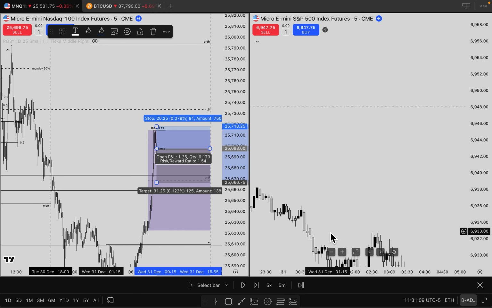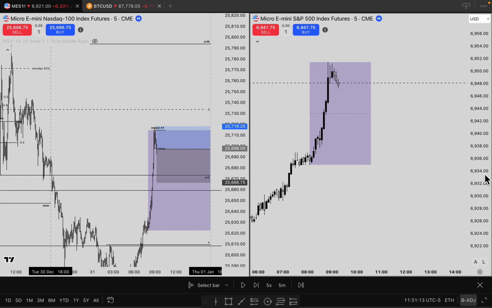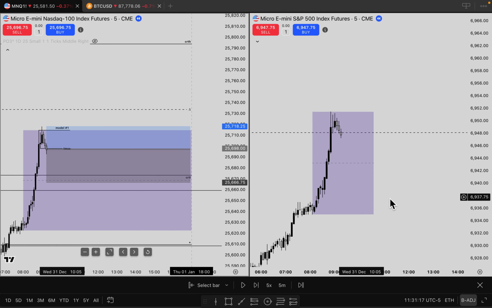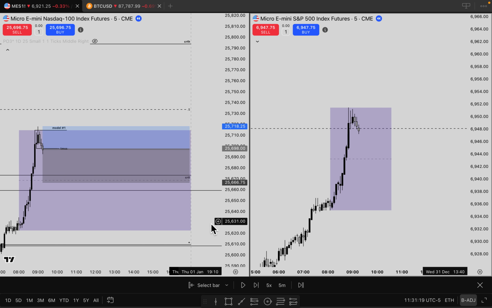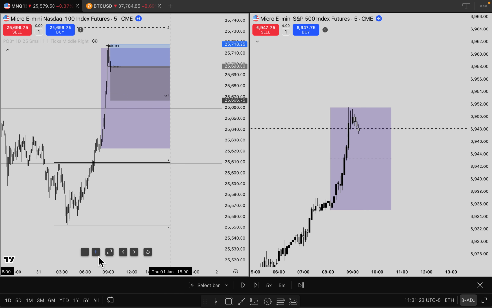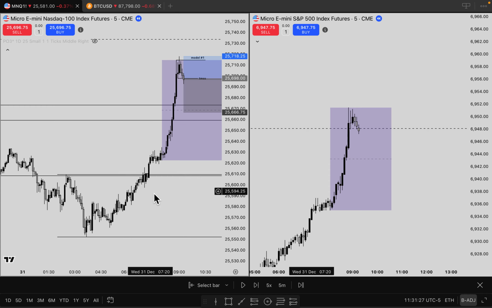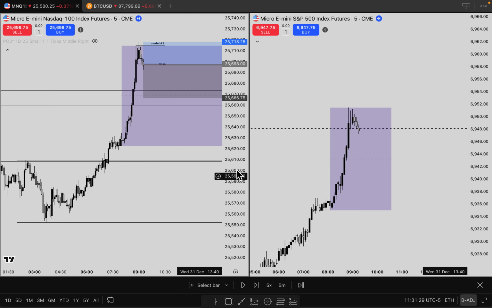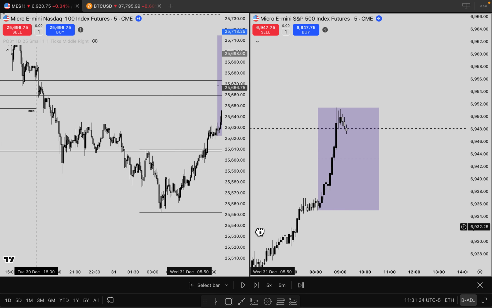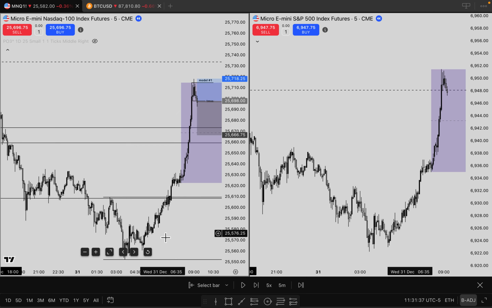So again, let's go over my confluences. Bearish SMT. ES has to rebalance at the lows. You have a true market structure shift, a higher time frame true market structure shift, and a higher time frame model 1, and it's aligning with ES because we have a bullish weekly SMT.